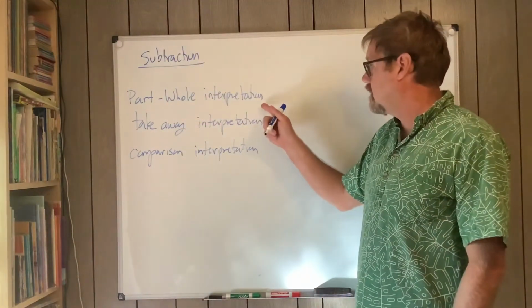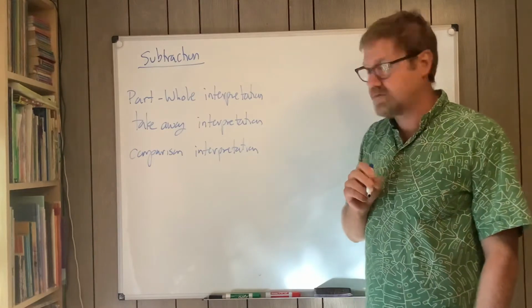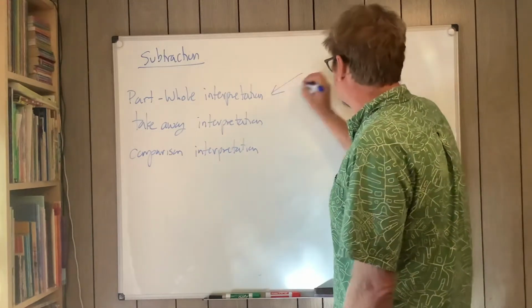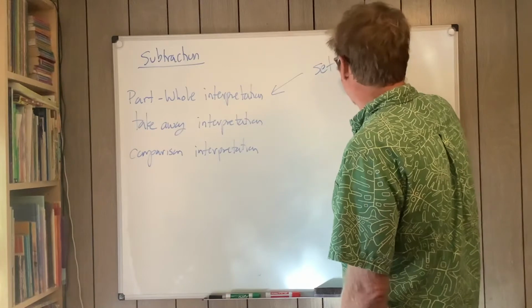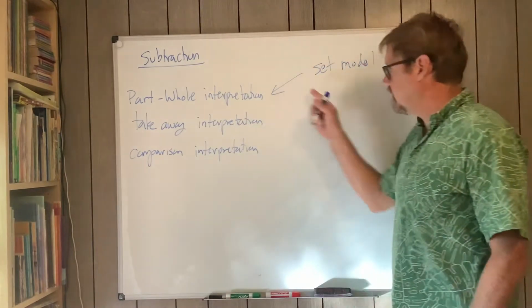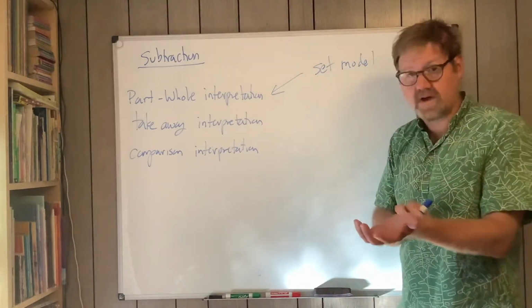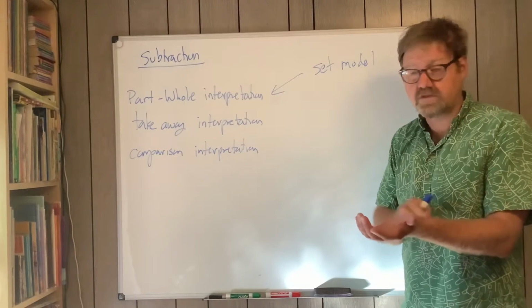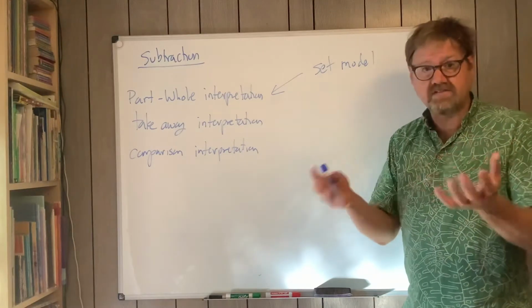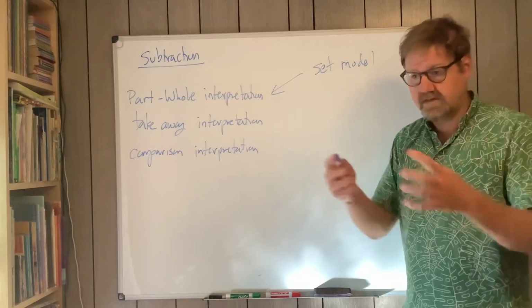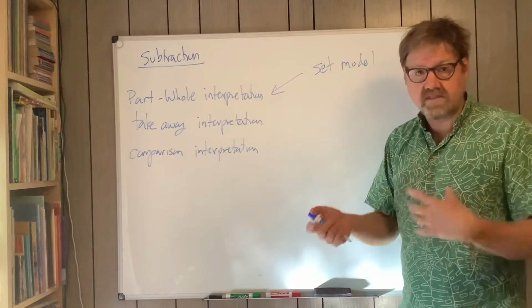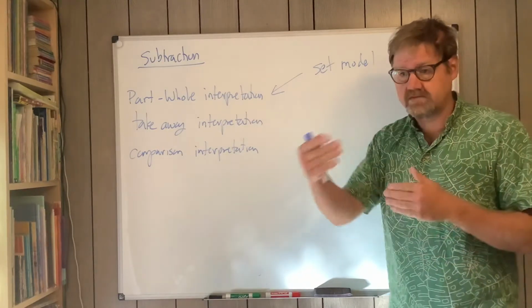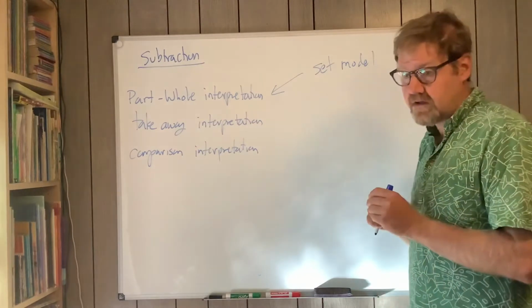Okay, so part-whole interpretation. So let's start looking at that. Within each of these, there's 2 ways of thinking about them. It's the same that we were talking about with addition. I can talk about sets of things, which is the really basic thing if we're counting, and then the measurement if we're talking about going so far and then going farther again.